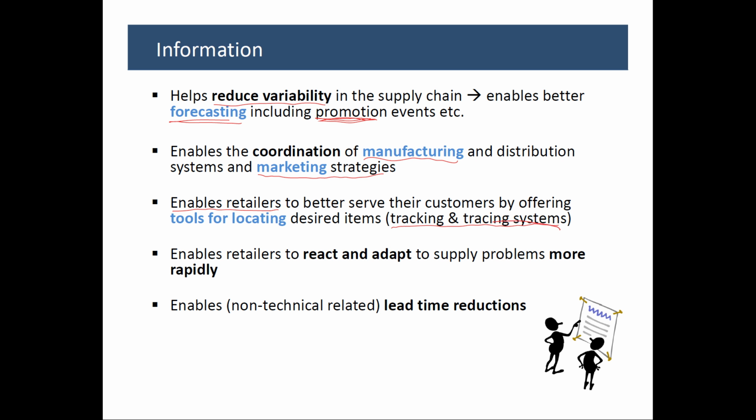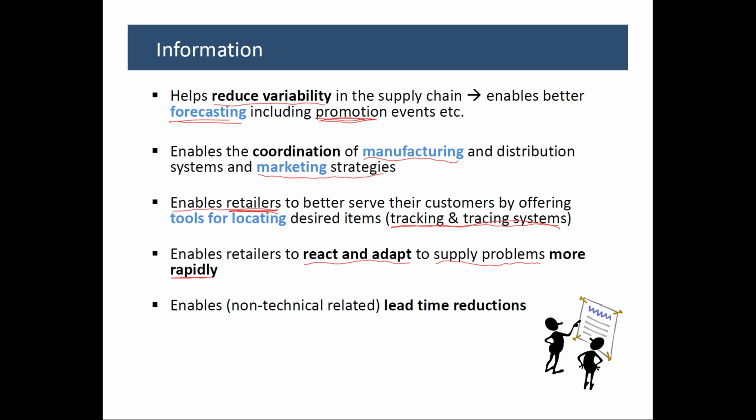So the tracking and tracing systems throughout the supply chain can even help the retailer to get better information for the end customer, which would be better for the overall supply chain. It would enable the retailer to react and adapt to problems that could occur along the supply chain in a more rapid fashion, talking to the collaborators within the supply chain and then passing the information to the end customer.